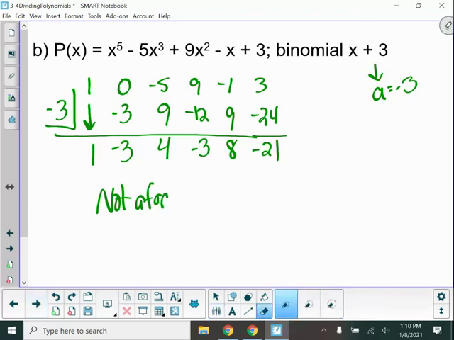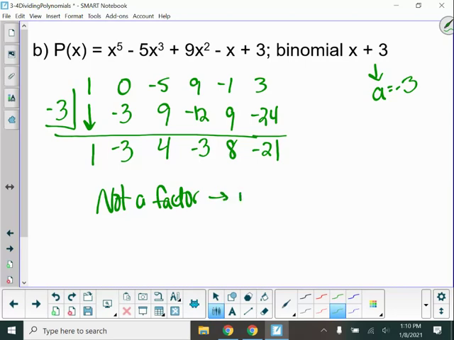Maybe I can write that so you can actually read what's there. This is not a factor because the remainder is not 0. Not a factor because your remainder is not 0. You only have a factor if your remainder is 0.